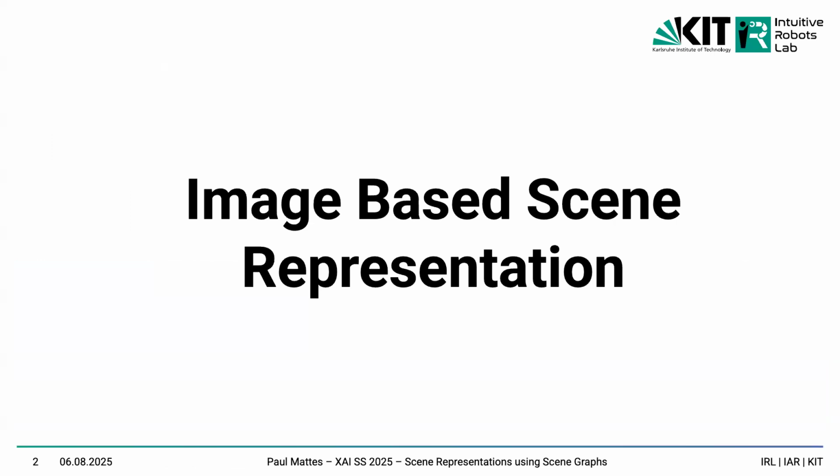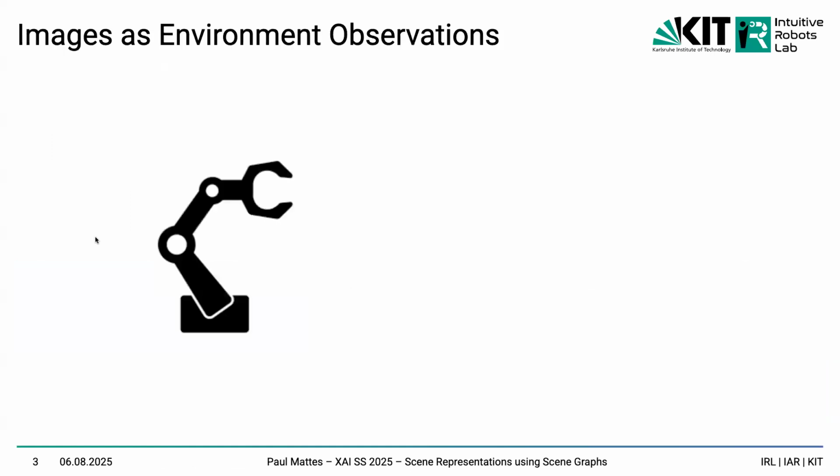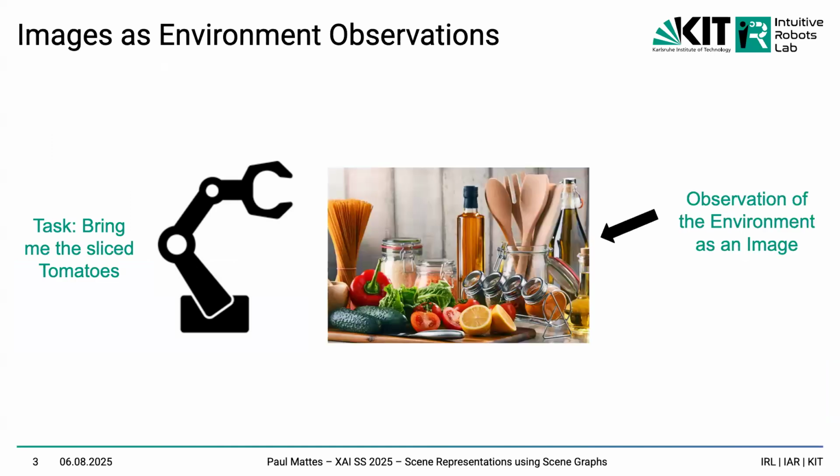Before we get to the graph stuff, we will talk about image-based scene representations, because this is the go-to thing, right? I have some cameras, I get some images, I feed them to my robot, and he does whatever tasks he needs to. If we have our little robot here and give him a task, for example, bring me the sliced tomato, and I now give him the image, which is our observation from the environment, the question is, what does it do with the image?